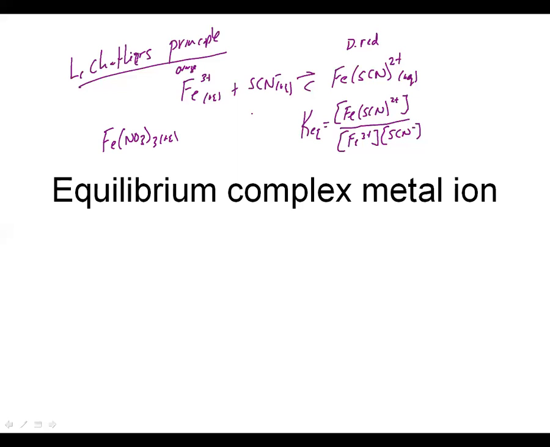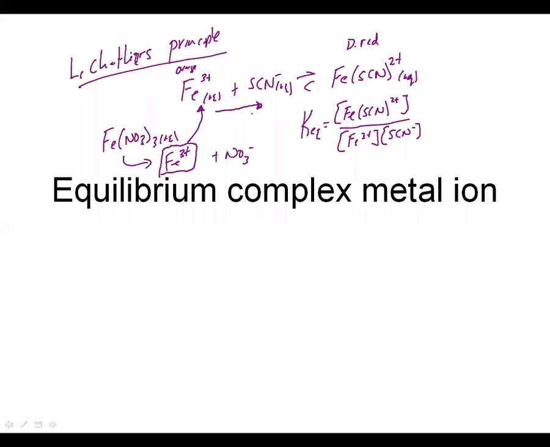It's a source of iron 3 and nitrate. So just like in Le Chatelier's principle, if we're adding something, in this particular case, it would be like adding more iron 3. So as we were talking about today, if you added more iron 3, it would expect to shift the equilibrium to the right.